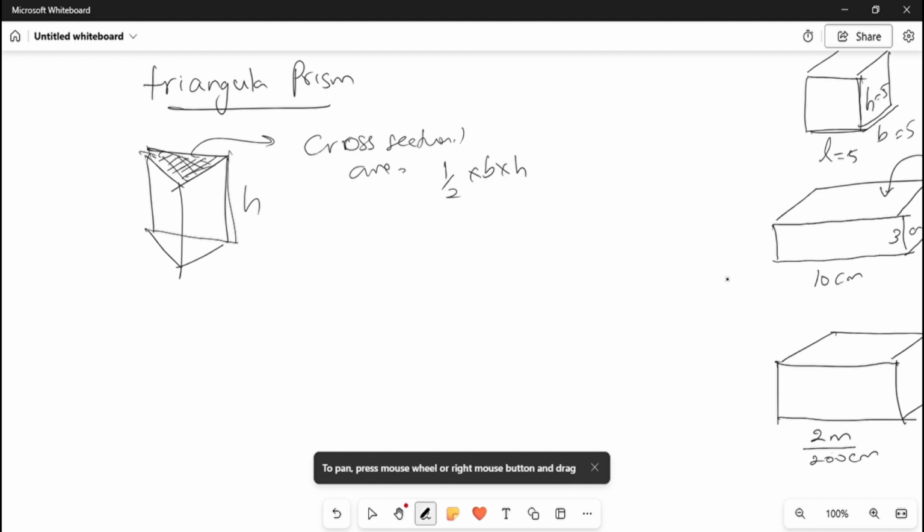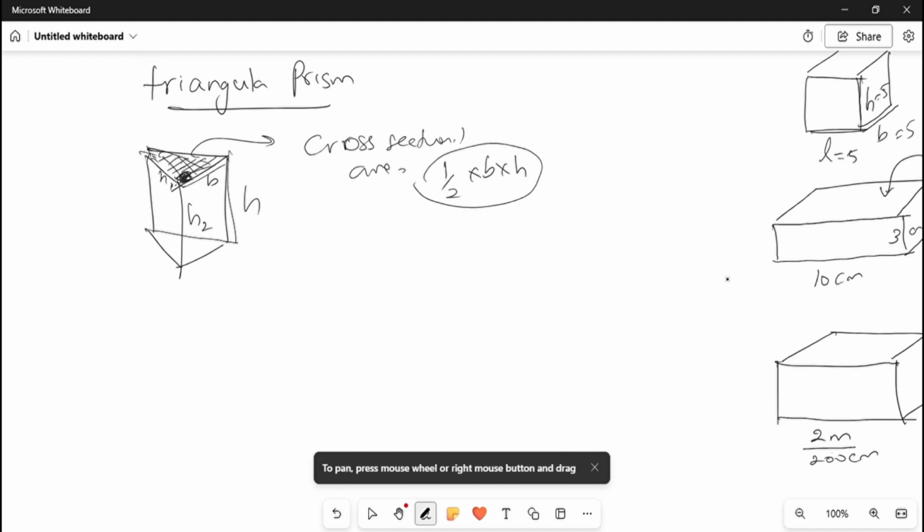Suppose this is a 90-degree angle, you can take this as the base, this as the height of the triangle. H2 is the height of the prism. So first of all, we will find the area of the triangle. Area is half into base into height, into the full real height of the prism.